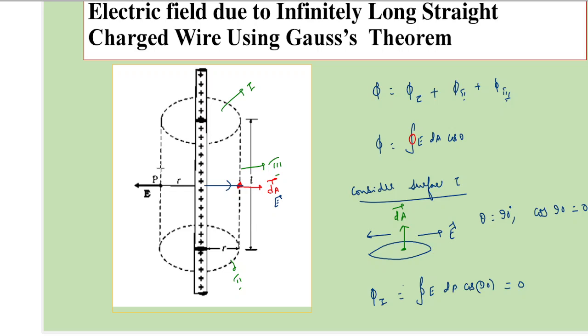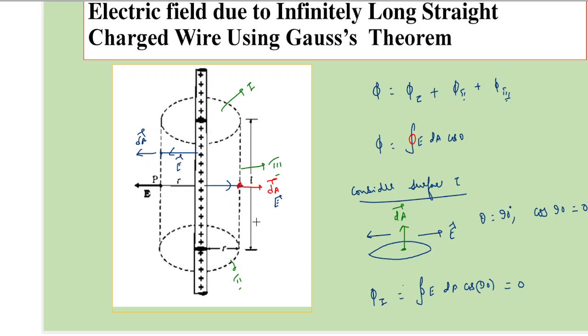Similarly, if we look at any small area at this point, the area vector would also be normal to this. We'll call this dA, and the electric field also goes out in the same direction. So even here the angle between the electric field and dA would be 0.